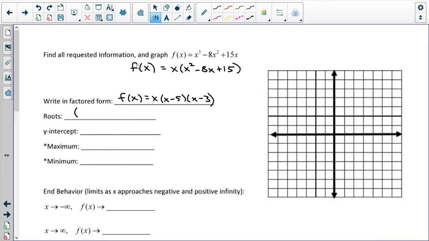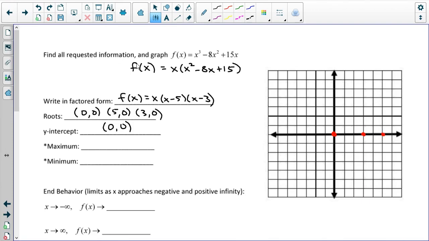So that means that I know my roots are at 0, 0, 5, 0, and 3, 0. So if I put those on the graph, it will look like that. My y-intercept is at 0, 0, which I get just because I already knew that.